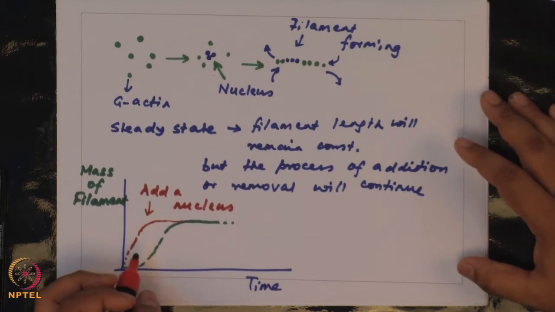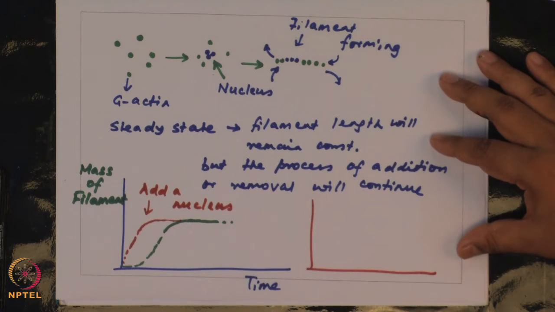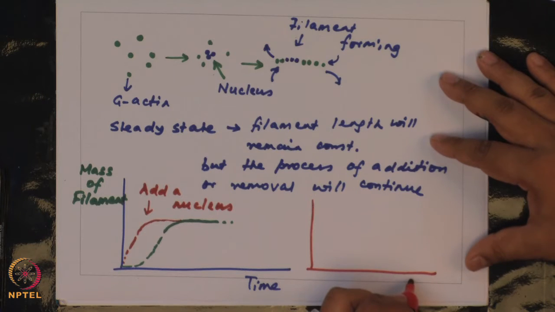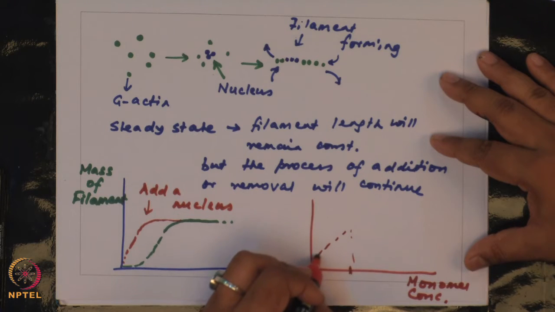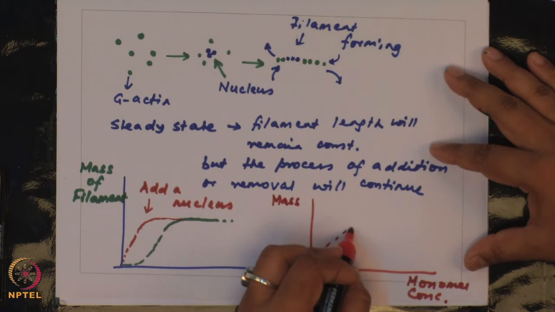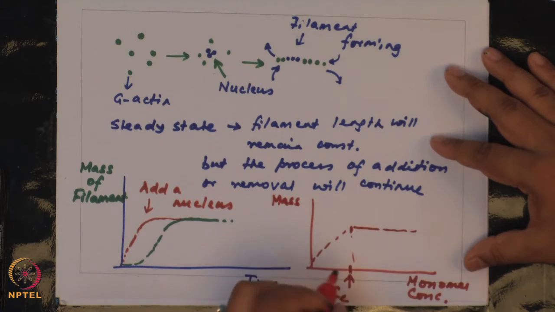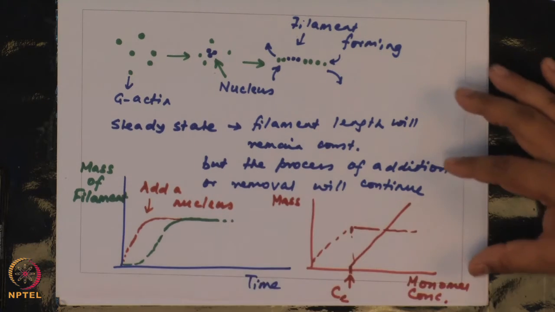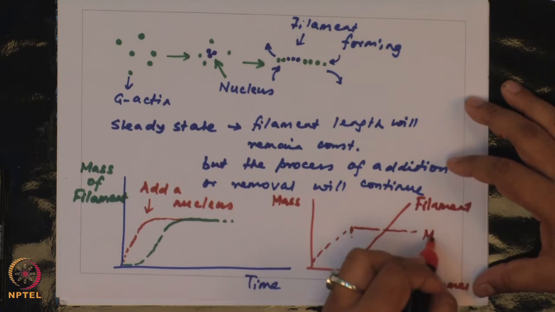Now, this filament formation does not happen at all times, but will require a critical concentration. If I plot the monomer concentration, below a certain threshold, if you keep on adding monomers, your mass of the monomers will keep increasing. But once this threshold is crossed, your monomer concentration will remain constant, but your filament concentration will increase. So, this is your filament and this is your monomer.